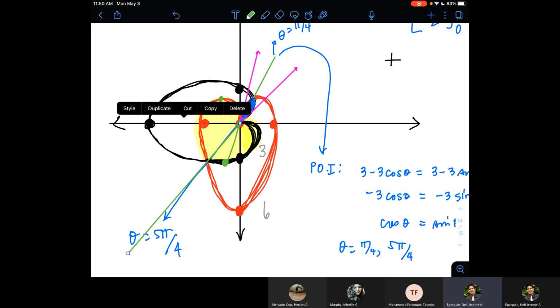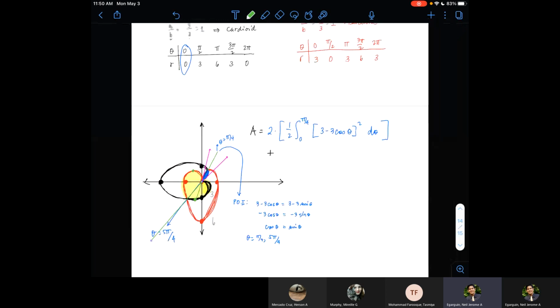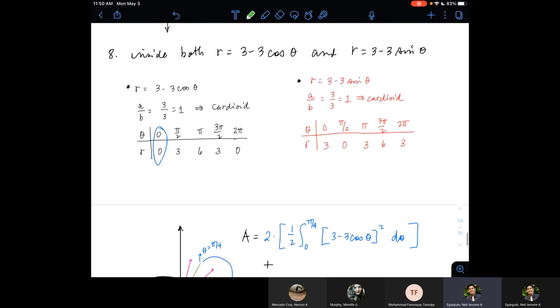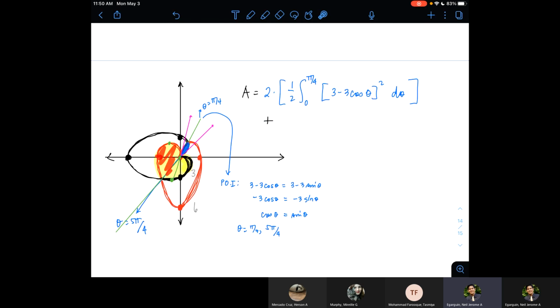So if you're not sure about the symmetry, then you need to use two integrals, pi over 2 to 5 pi over 4, another one from 5 pi over 4 until 2 pi. But since I'm sure that they are symmetric because the two equations are very similar to each other, they are cardioids, exactly the same cardioids except for the trig function. So that's how I know that this region should be symmetric.